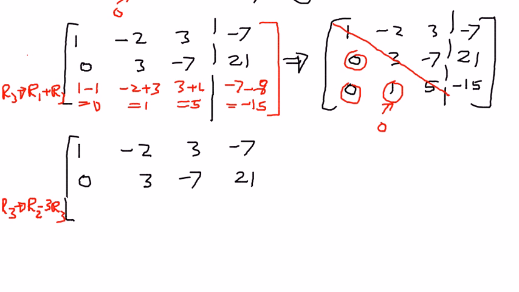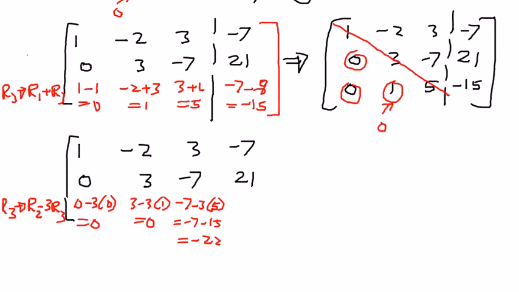R2 is 0 minus 3 times 0, which is still equal to 0, and then 3 minus 3 times 1 is equal to 0, and then -7 minus 3 times 5, so that is -7 minus 15, which is -22, and then here we have -7 minus 3 times 21.